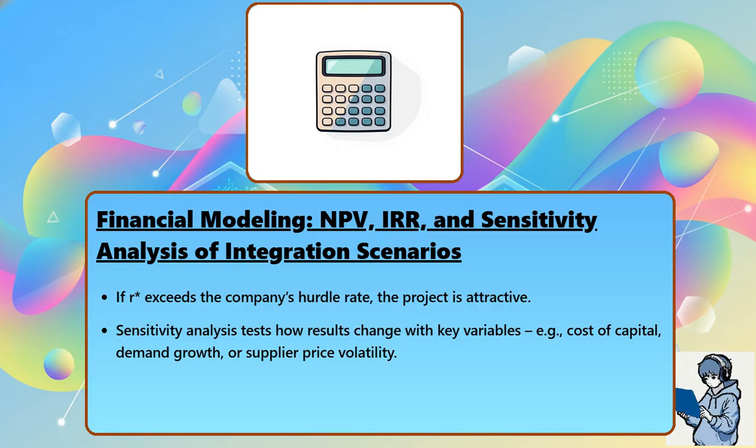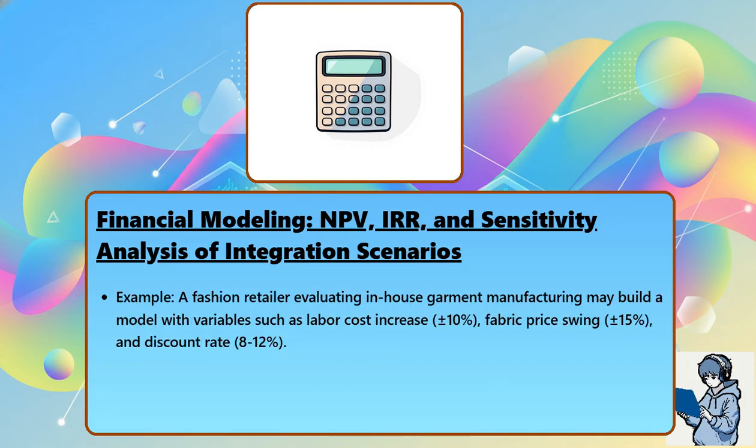Sensitivity analysis tests how results change with key variables. For example, cost of capital, demand growth, or supplier price volatility. A tornado chart visualizes which variable most impacts NPV. Example, a fashion retailer evaluating in-house garment manufacturing may build a model with variables such as labor cost increase plus or minus 10%, fabric price swing plus or minus 15%, and discount rate 8 to 12%.